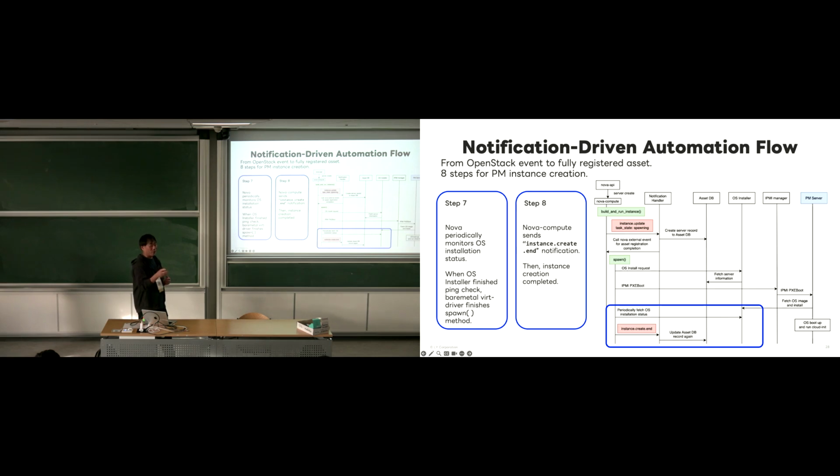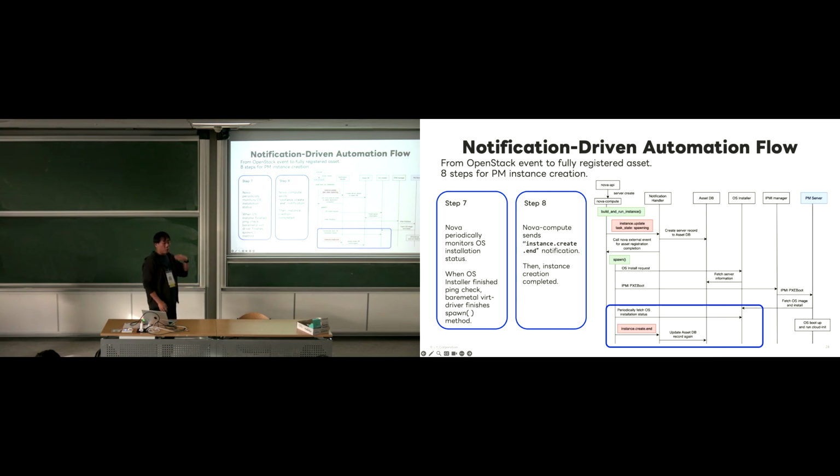Is this the OS installation phase, or is the OS installation already completed but checking the boot phase sequence or something like that. And Nova compute keeps waiting until the OS installation is completed or first boot completed, or actually the physical server can respond to the ping check or not. That keeps happening on the Nova compute side.